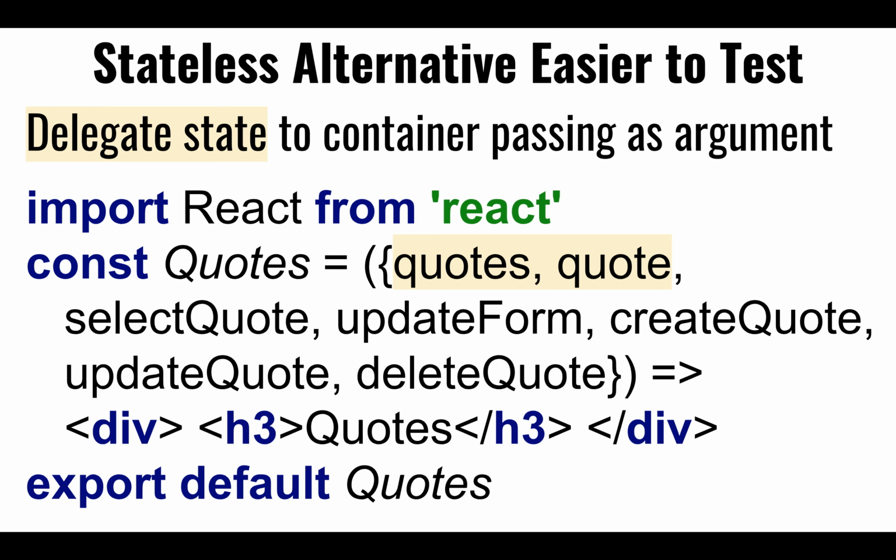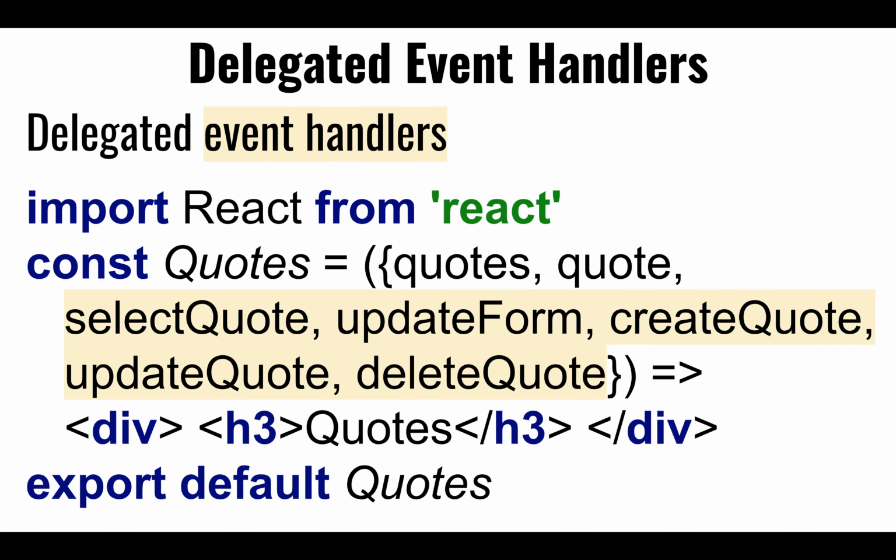Also, the event handling that would transition the state, we're going to delegate that as well. It is no longer going to be our responsibility. Instead, someone is going to pass us functions or references to functions, that from inside here we're going to bind to clicks and on-change and whatever.